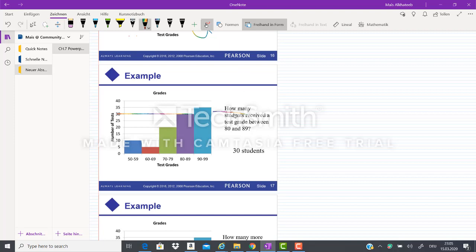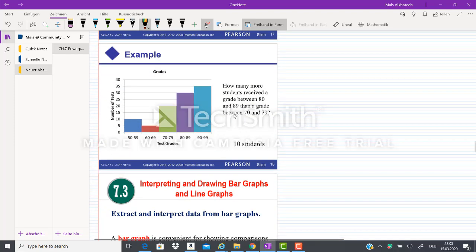The third question comes this way. How many more students received a grade between 80 and 89 than between 70 and 79?